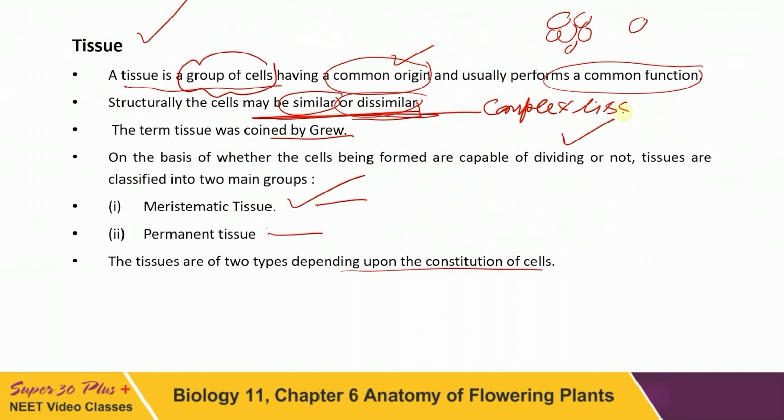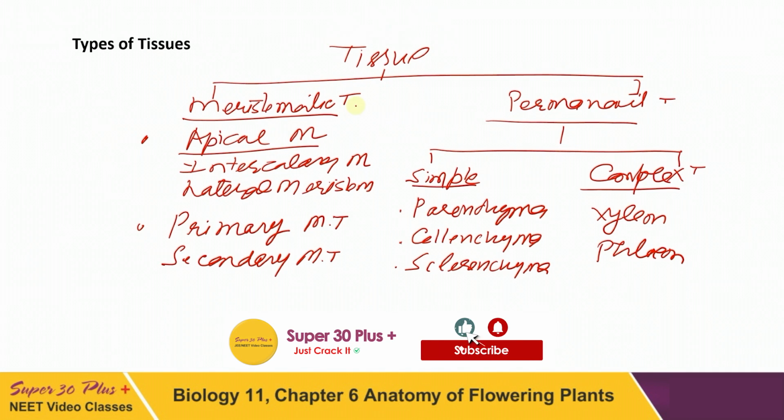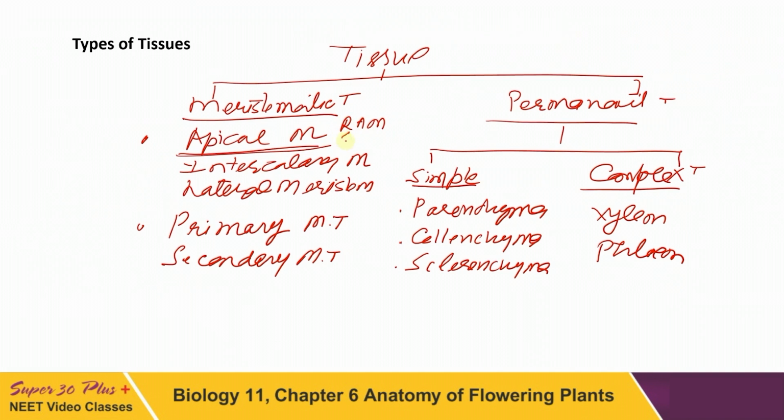Two types of tissue: meristematic and permanent. Meristematic tissue is able to divide: root apical meristem, shoot apical meristem, intercalary meristem, and lateral meristem.